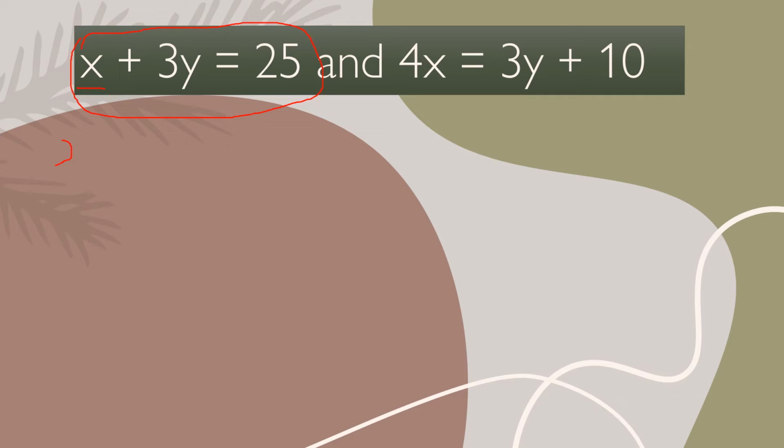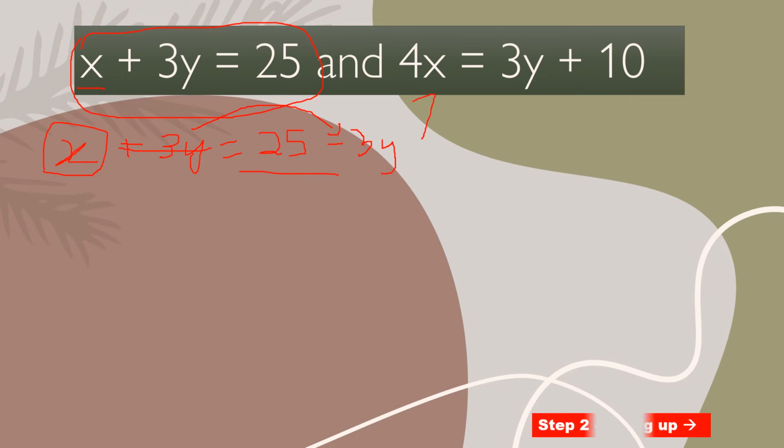We'll rewrite it here first: x plus 3y is equal to 25. We'll bring the 3y here, so it becomes negative 3y, and we have x as the subject. Now we'll substitute the value for x in the second equation.